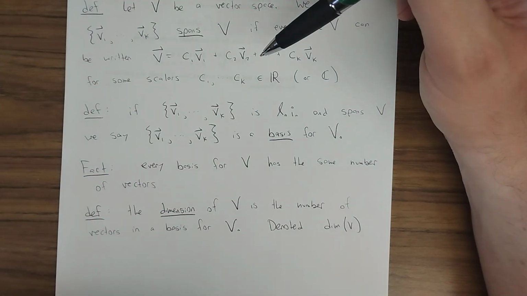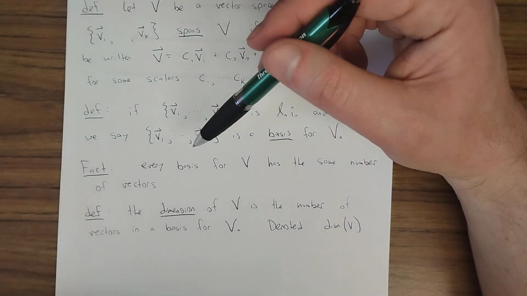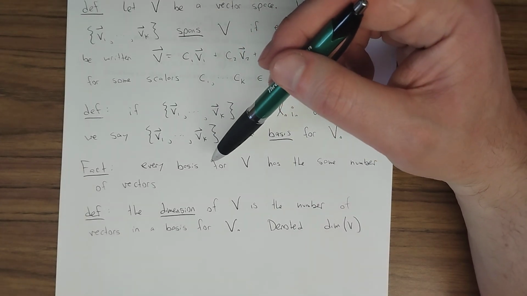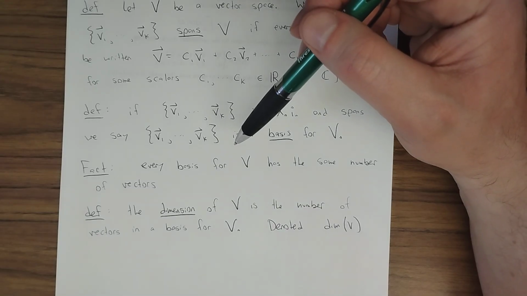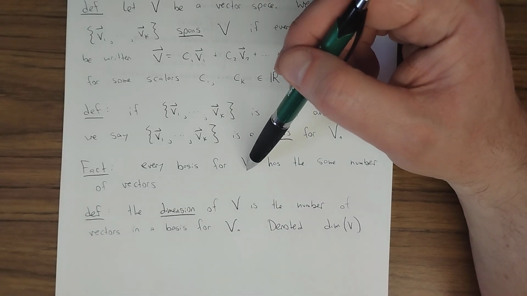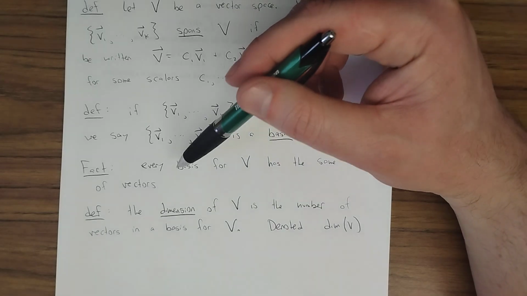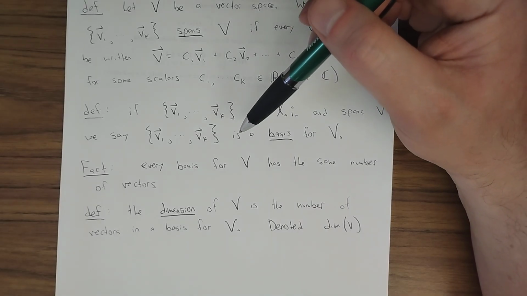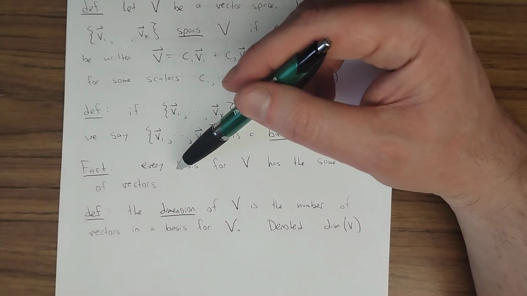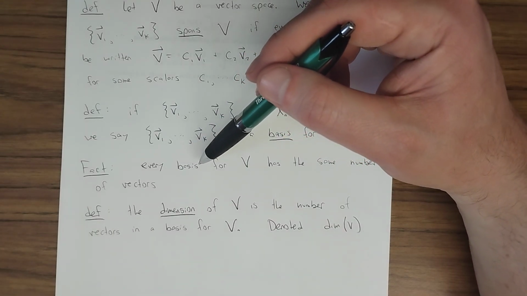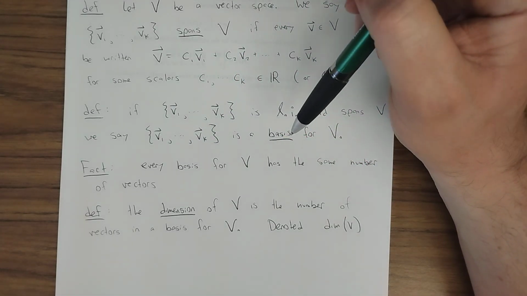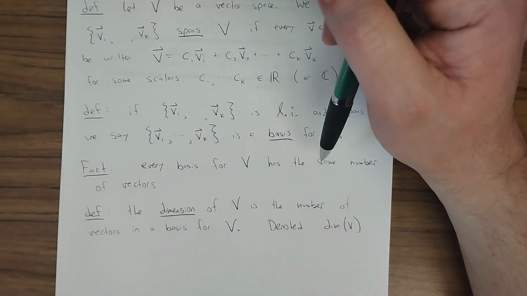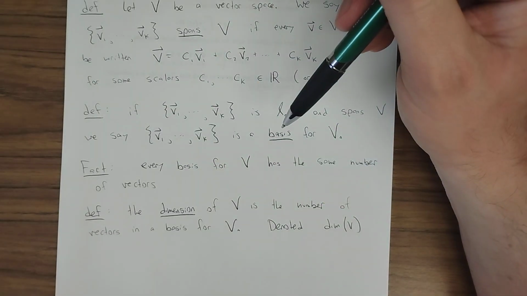Here is a fact that I will not prove. It's possible, and likely for most examples I can think of for vector spaces, that it has multiple different bases. Bases is the plural of basis here. However, every basis is going to have the same number of things in it.